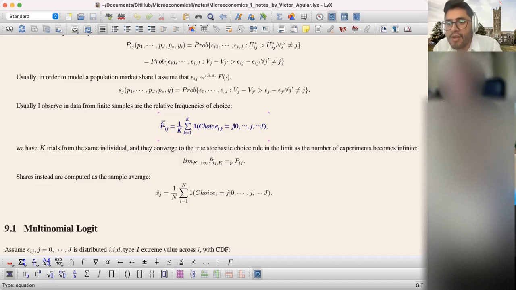And what was the implication of the weak axiom? It was that if you chose X over Y, then in another situation where X and Y are still available to you, you will not flip your choices. That can be translated as your preferences being required to be stable, so they never change across different choice situations.